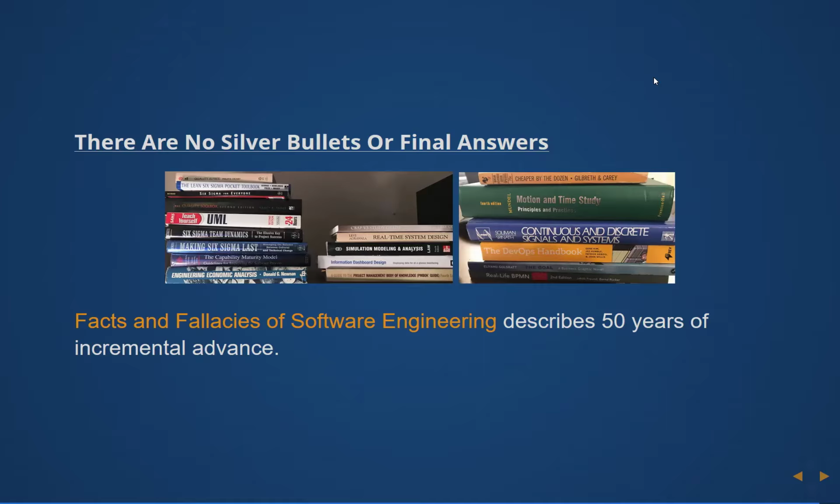If you look on Wikipedia under any management or computer methodology, you'll find a section on criticism. And the criticism always says the same thing: there's no guarantee that if you use all these methods that you'll get the correct answer.